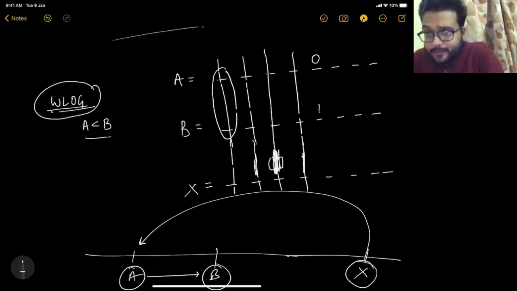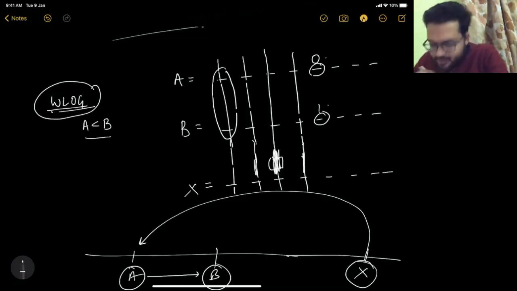Because if my X is farther from B, and if B had a 1, will my X also have a 1? How many of you appreciate this, guys? If my B had a 1 and X was even farther than that, and X did not have a 1 previously, but X is still a greater number than B, then this must be 1. How many of you appreciate this?